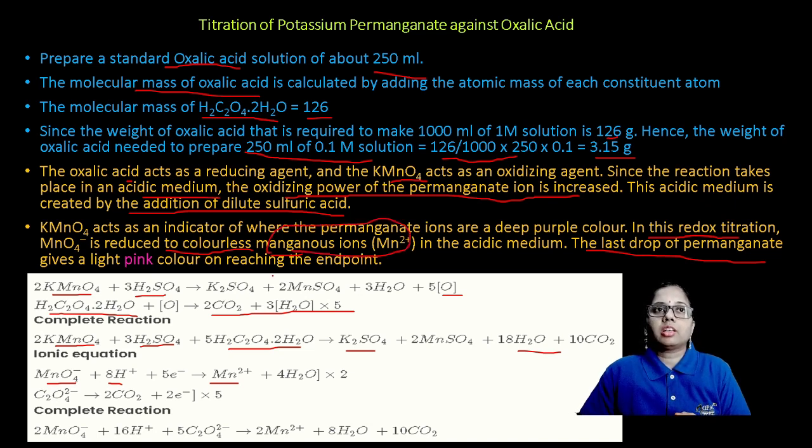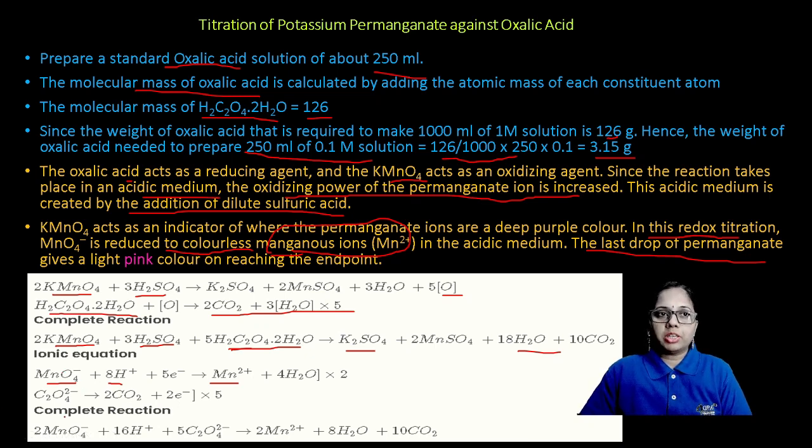So reduction is going to take place here. Then C2O4 -2, that means oxalate ions, are converted to CO2, with electrons lost. So this is the ionic equation.